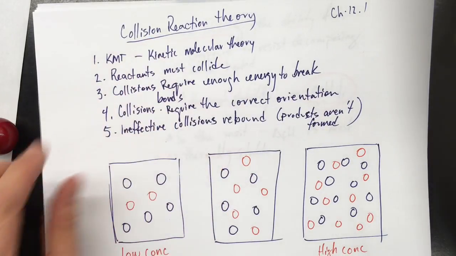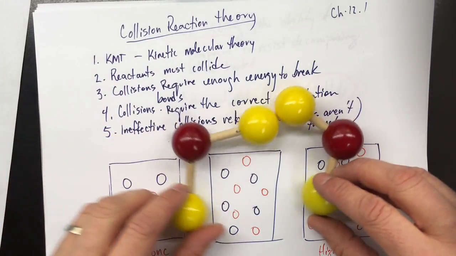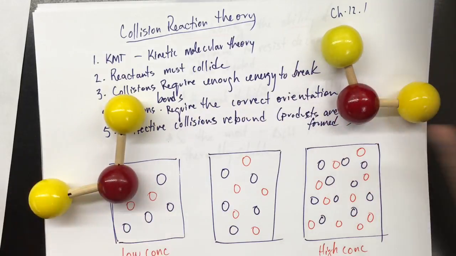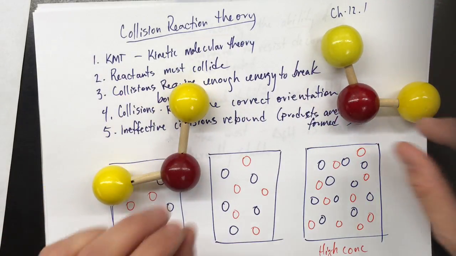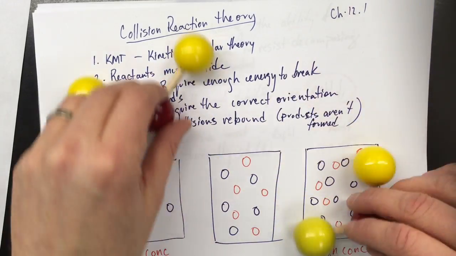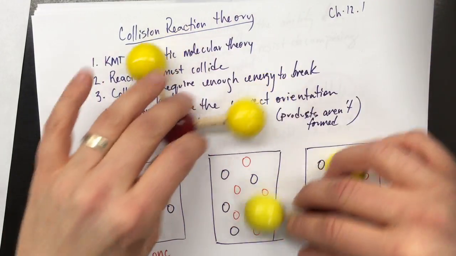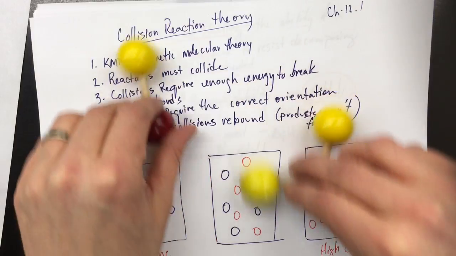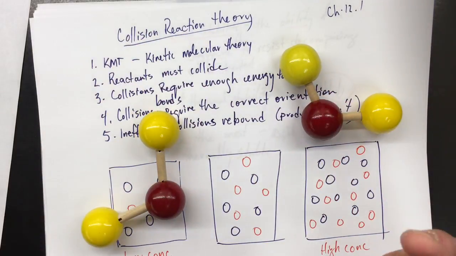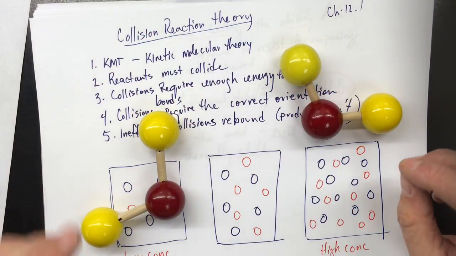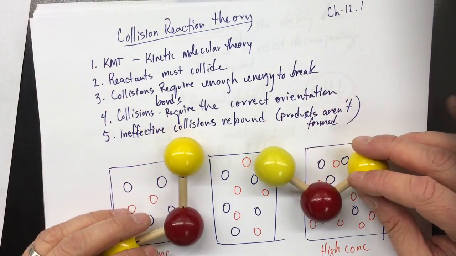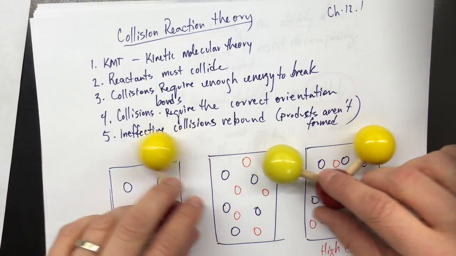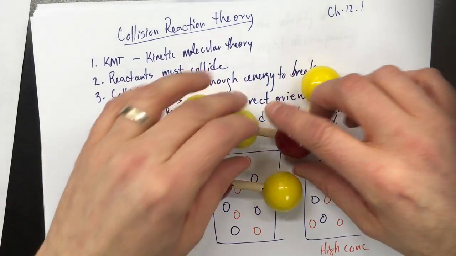So collision reaction theory is basically if you collide two reactant particles, they may react. But if you don't have a collision, you'll never have a reaction, right? If there isn't any collision, there isn't any way that they can crash into each other and make a reaction. So for a reaction to occur, reactants must collide. You also need to have enough energy to break the bonds.